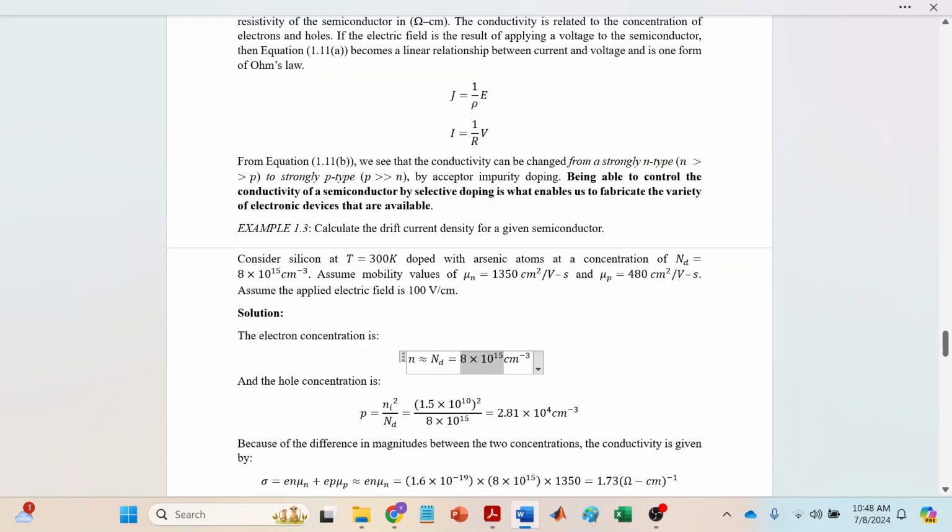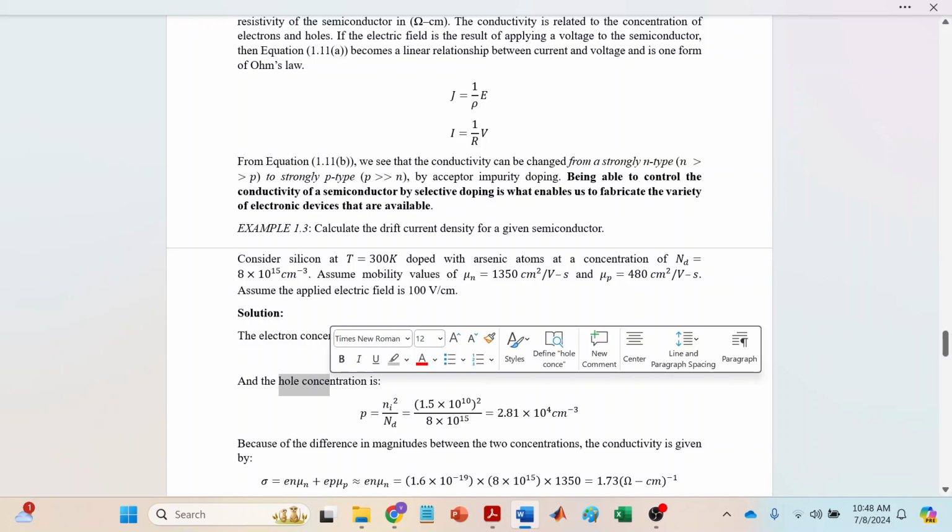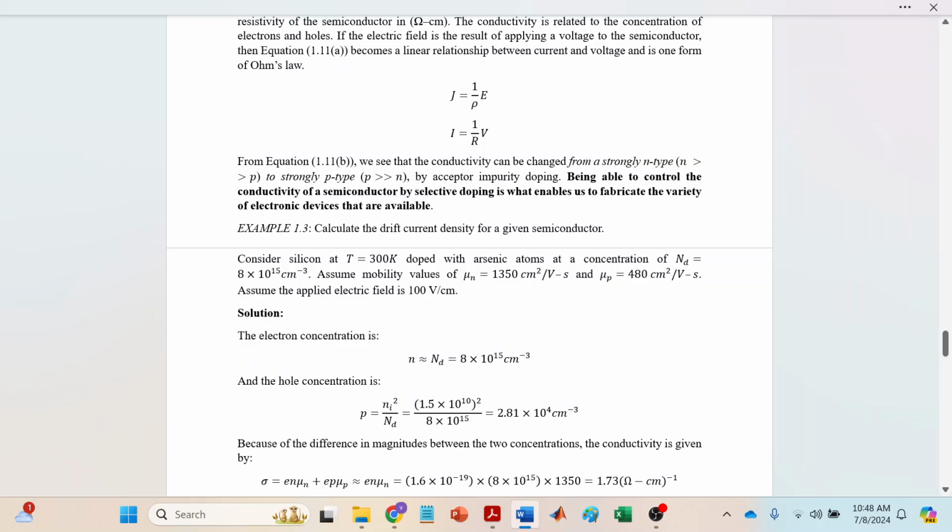Now we calculate the hole concentration, because as you dope with donors, the electrons are the majority carriers, but you still have some holes. We calculate the holes by this same formula and we get this. So the electrons are the majority carriers and the holes are the minority carriers, so it's an N-type semiconductor.